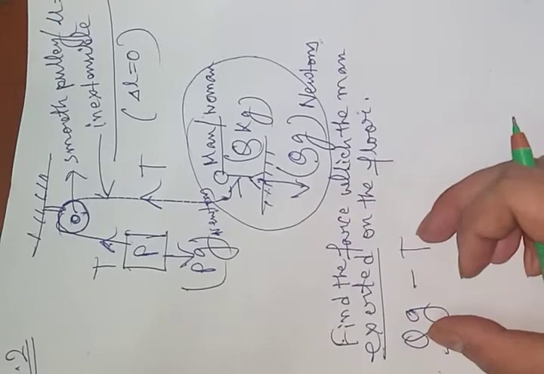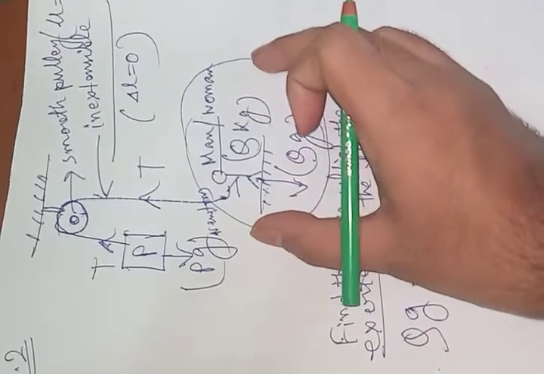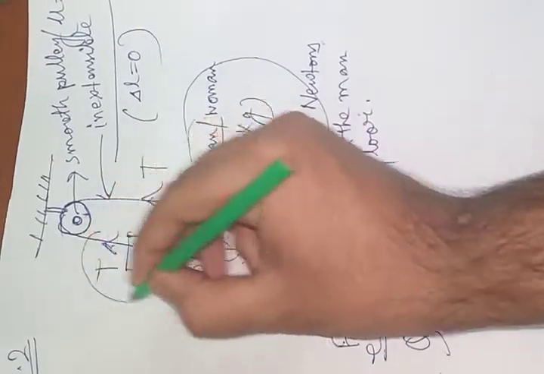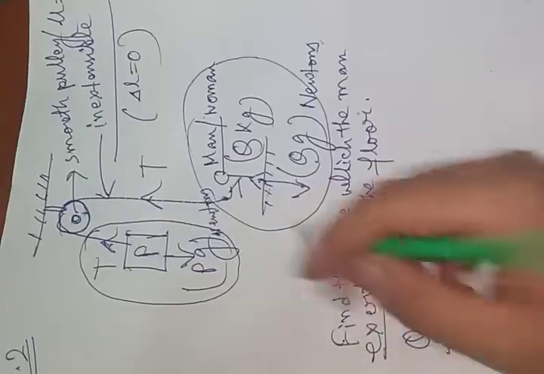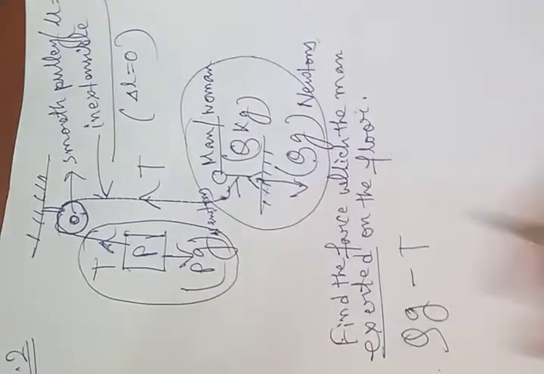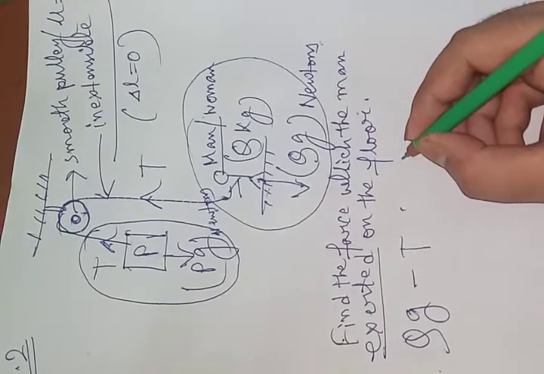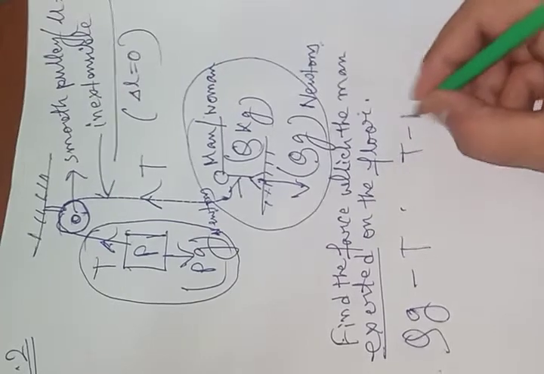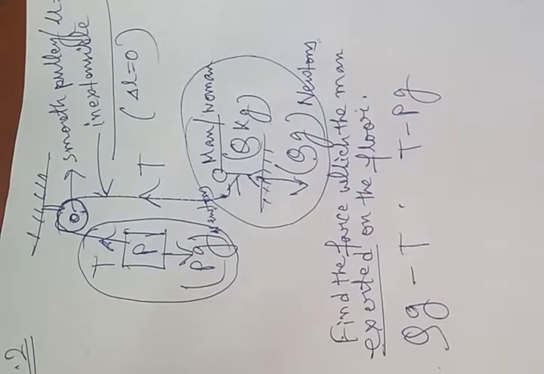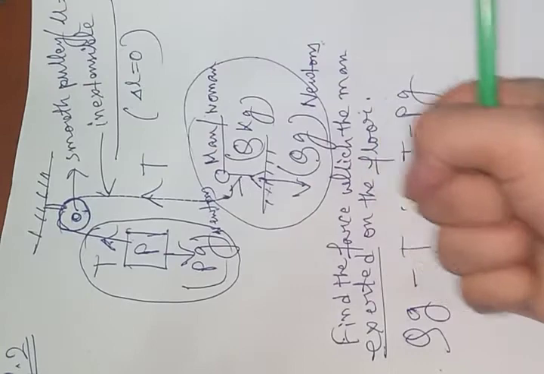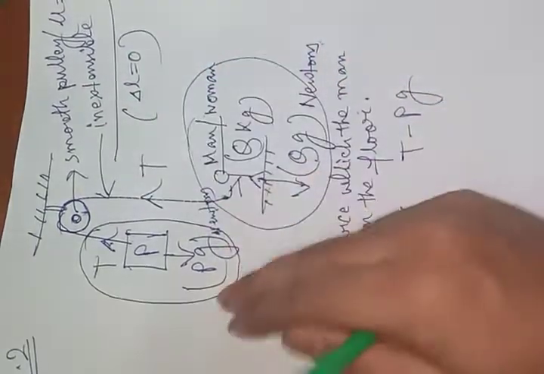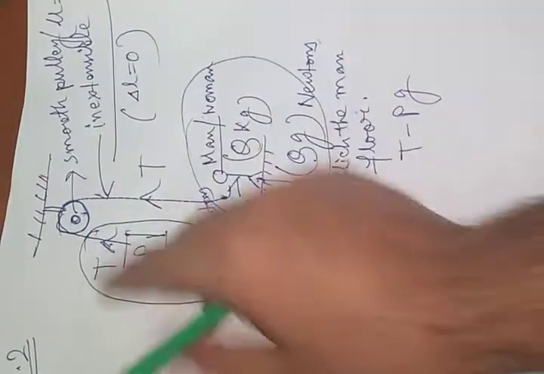QG minus T is for the man, and for this P block the net force is T minus PG. Why T minus PG? Because he's pulling it downwards and it is going upwards, so the tension force will be greater.